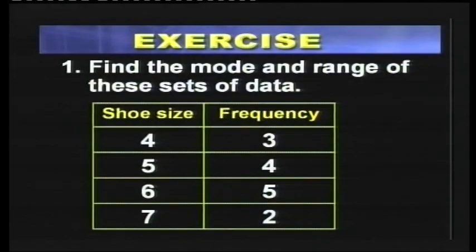Okay, I will have to explain the exercise first before you complete that in your notebooks. You have two of these different tables. One is now from the PowerPoint. It says, find the mode and range of these sets of data. Let me explain the table.